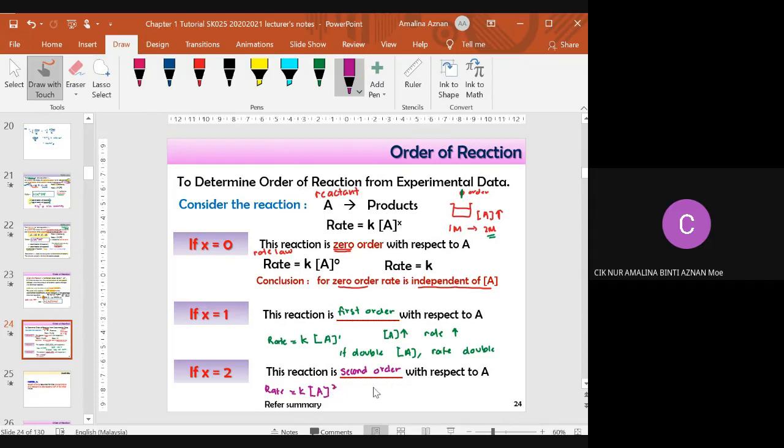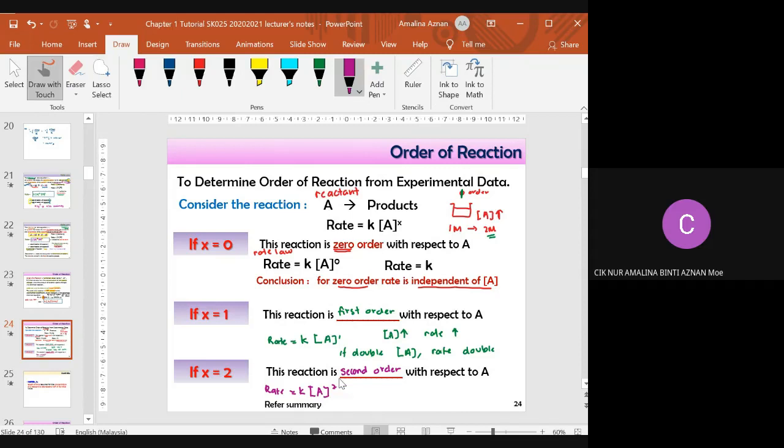So if we increase the concentration of A, the rate will also increase, but how?